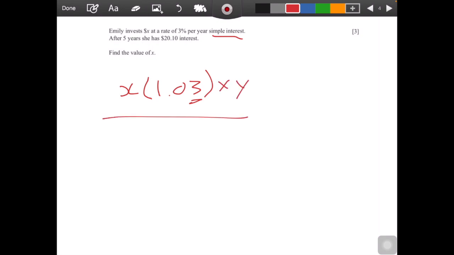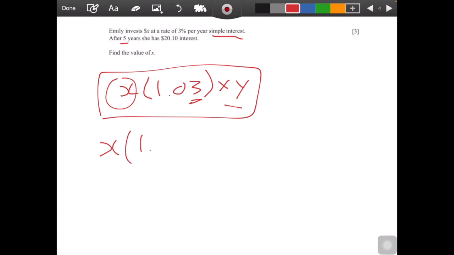And with this formula that we have right here, we're looking for x. But there's two variables. But we know y is 5. So all we have to do is x times 1.03 times 5 is equal to 20.10.